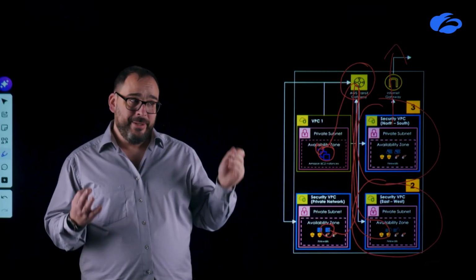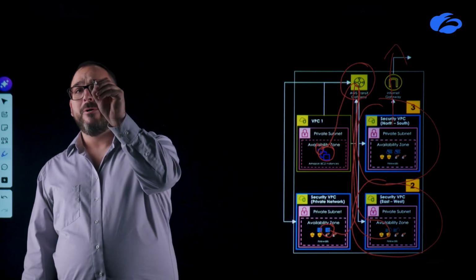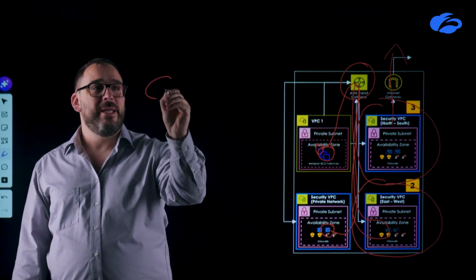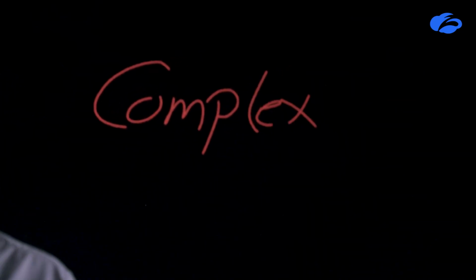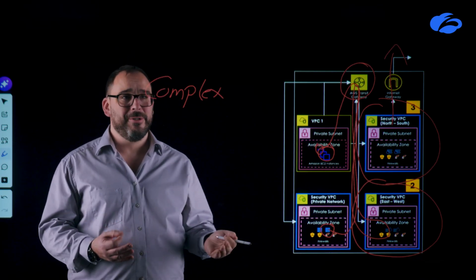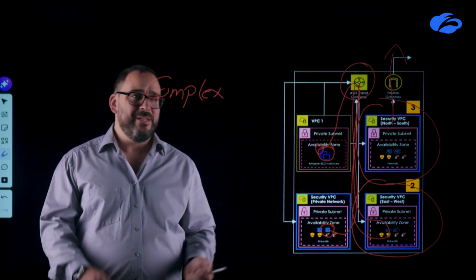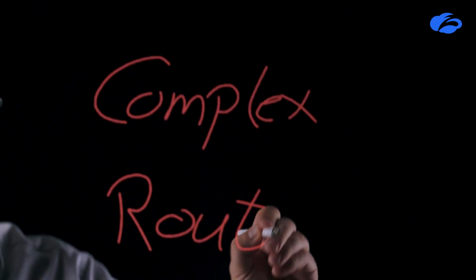As you can imagine, and as you see, this is a super complex setup. So this is basically the number one challenge with this kind of setup. You need a lot of Terraform code or whatever you're using for deploying your workloads. It's not easy. And the most obvious one is routing. You need lots of routing tables.